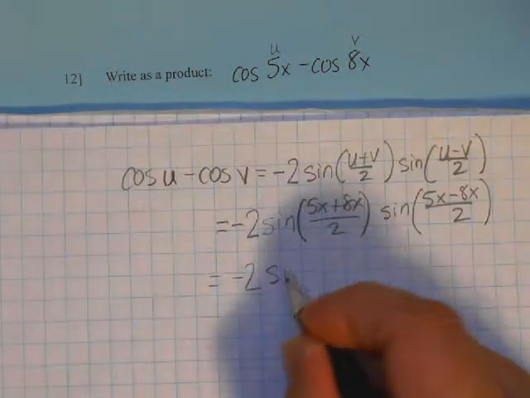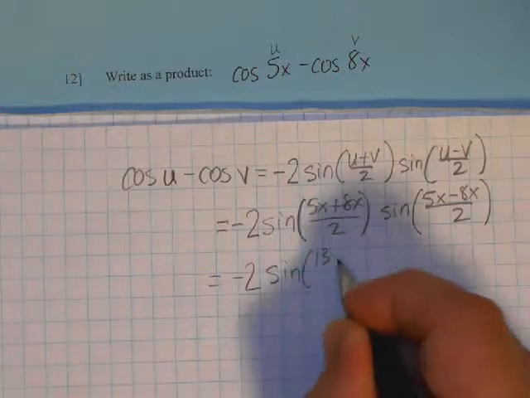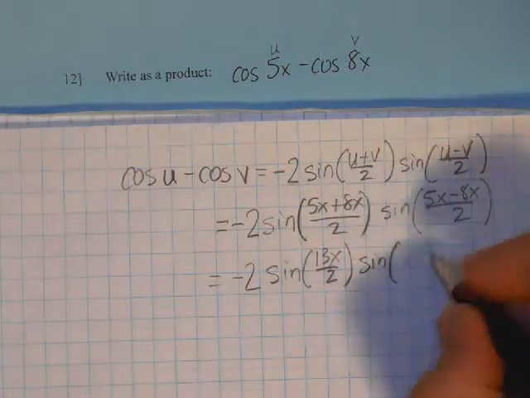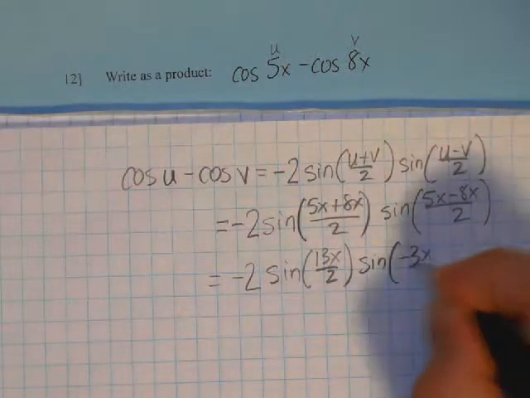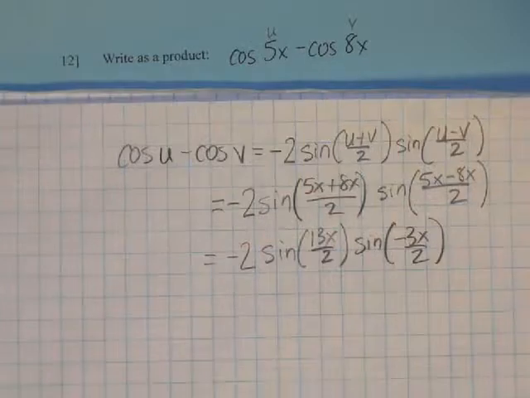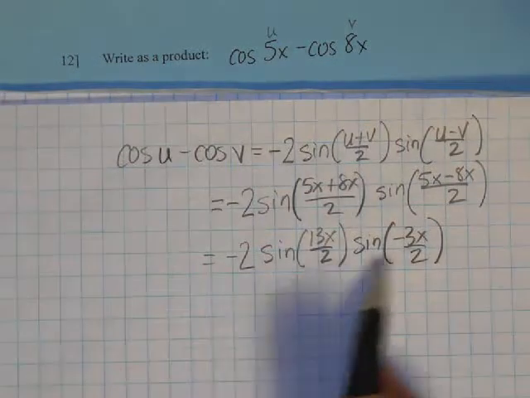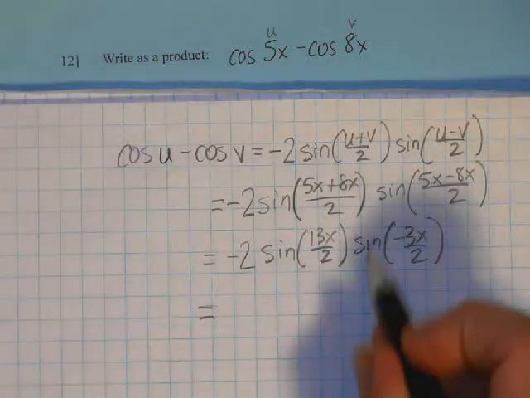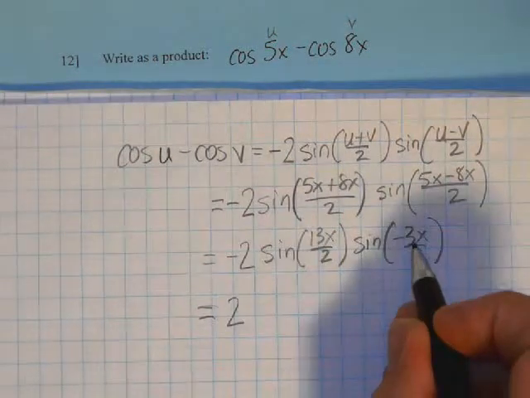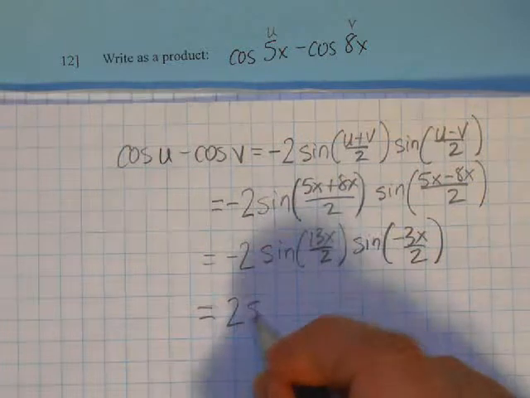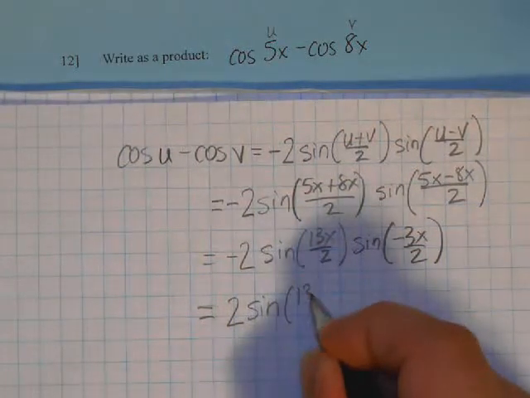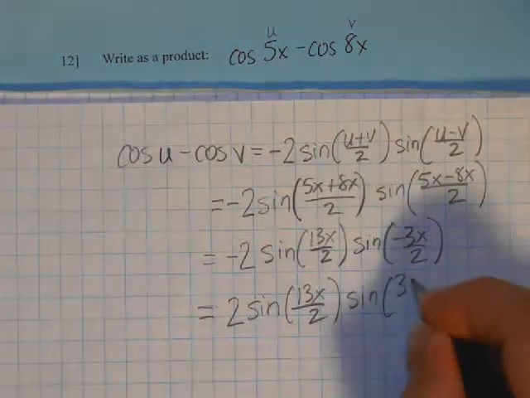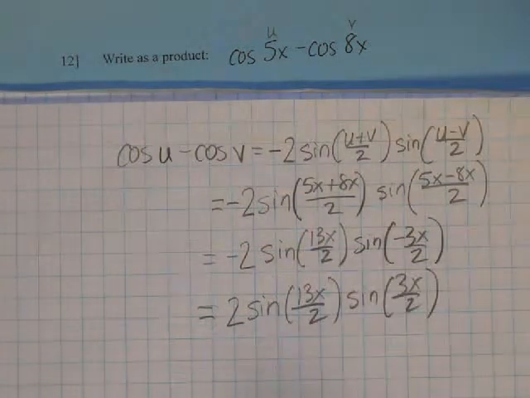So simplifying, I get sine of 13x over 2 and sine of negative 3x over 2. Now, like the last problem, I would have accepted this for full credit, but since I know that sine is an odd function, I could pull this negative out, making this essentially a positive. And there's how I can write my final answer.